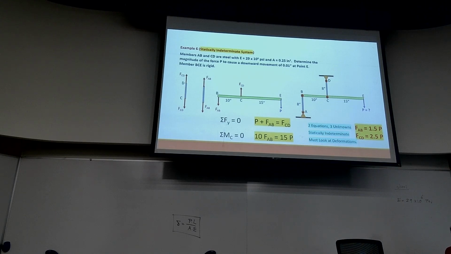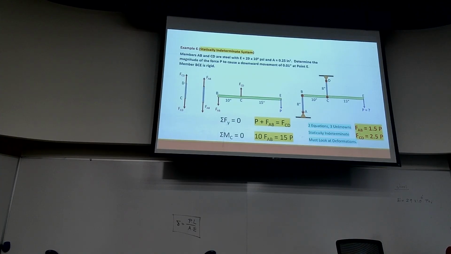So that means these forces cannot be determined using statics alone. That makes this a statically indeterminate system. So we need to look at deformations in order to get one additional equation. Then we can solve for all 3 unknowns.